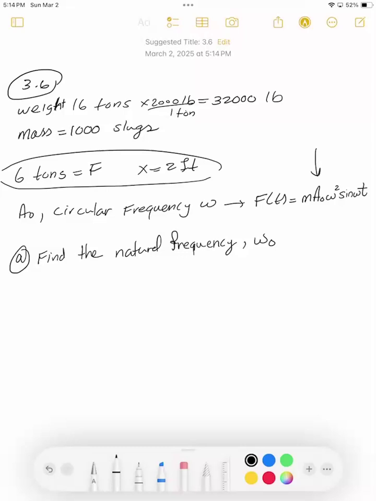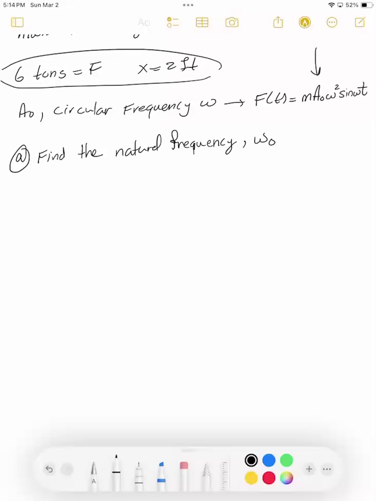And then it says if the ground undergoes one oscillation every 3.5 seconds, the period is given to us, with amplitude, that is your A0, equal to 9 inches. What is the amplitude of the resulting force?